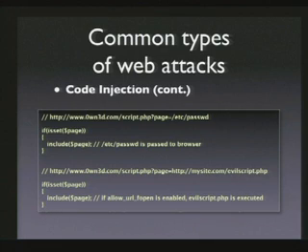In the first example, they set up to include a certain page, and the person manipulates that. Instead of using the page that the developer expected, he says, no, I want to get etc/passwd off there. Because there's no checking done, it goes ahead and includes it as text, and that's displayed back to the browser.